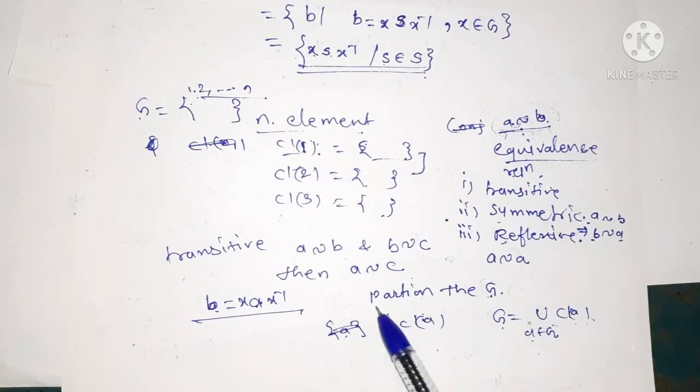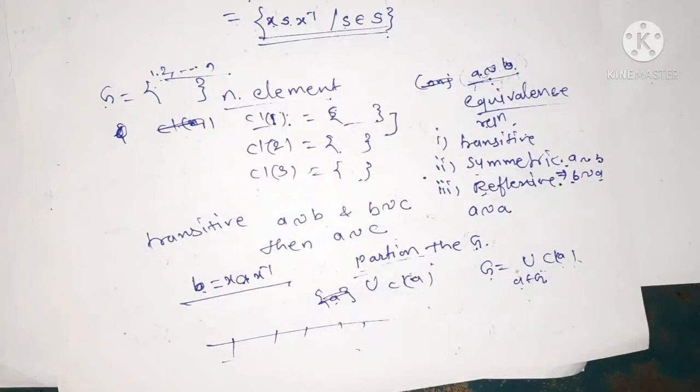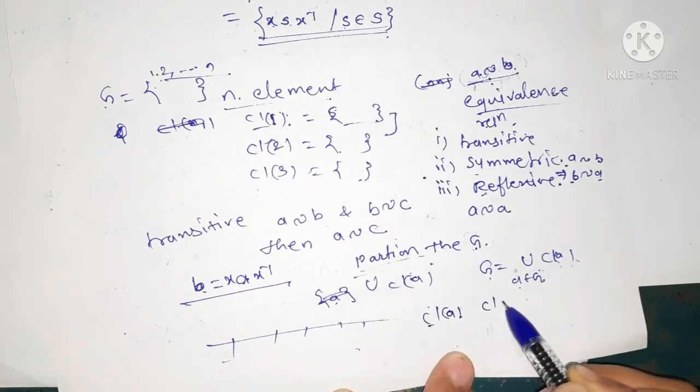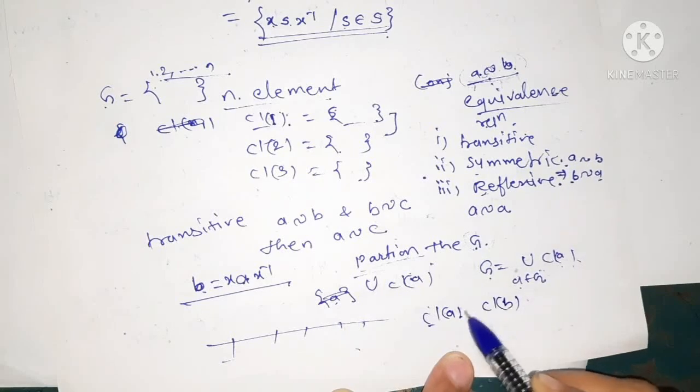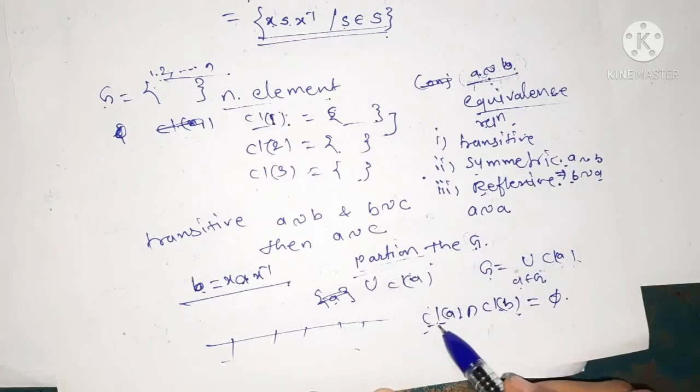What does partition mean? We divide the set G into parts, that is, we can separate the elements. If we have two classes, class of A and class of B, then the intersection of these two classes is empty, that is, they are disjoint.